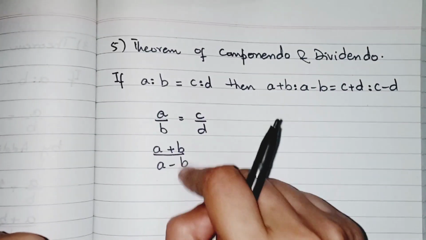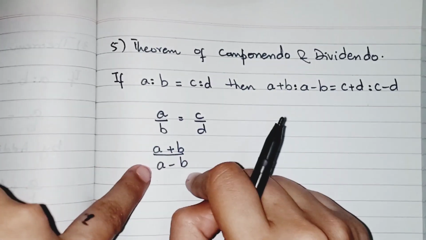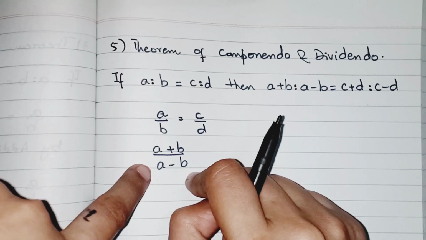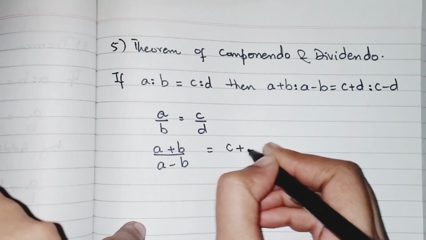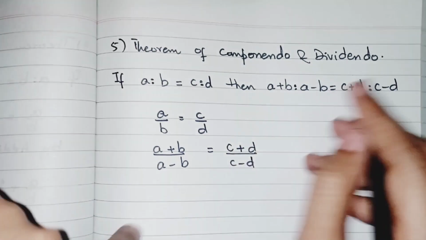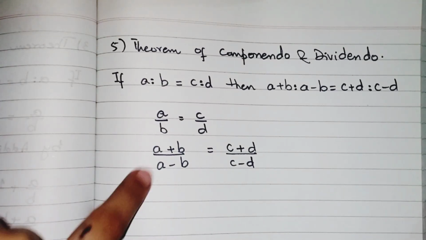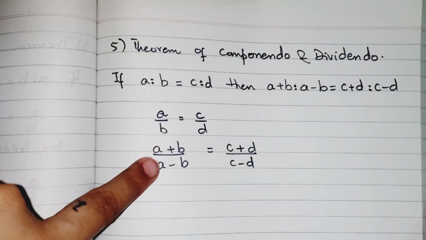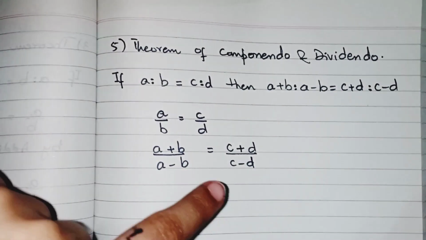So by combining both, once I write it with the addition sign and once with the subtraction sign. Similarly on the other side, C plus D upon C minus D, or you can use the theorem of invertendo and invert it as A minus B upon A plus B and C minus D upon C plus D.